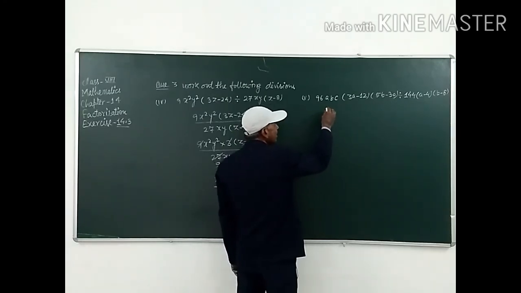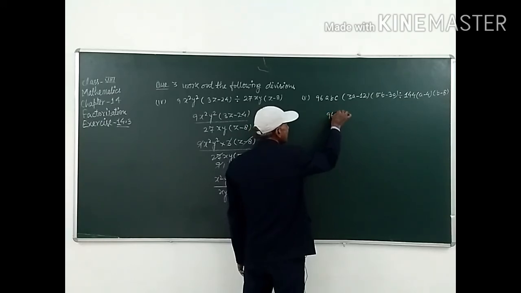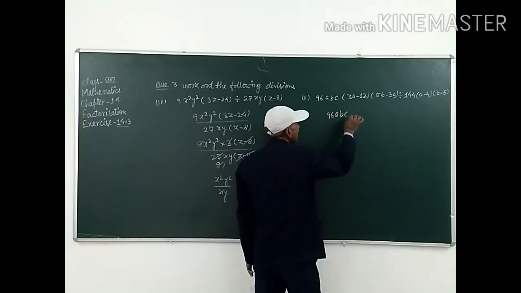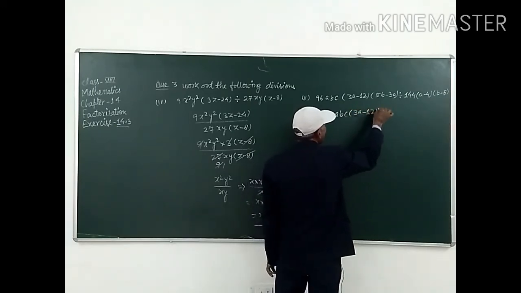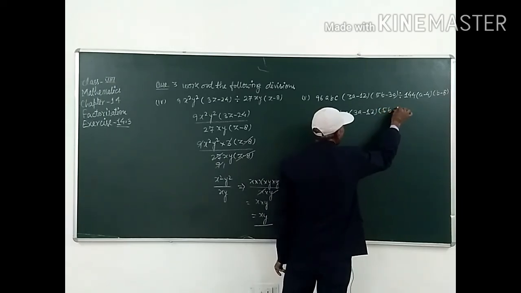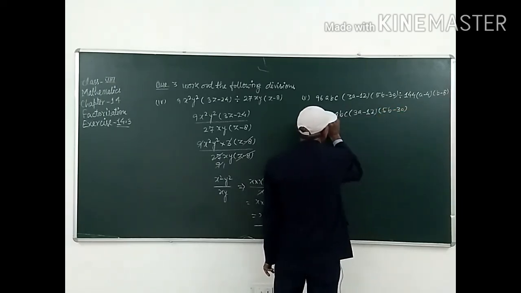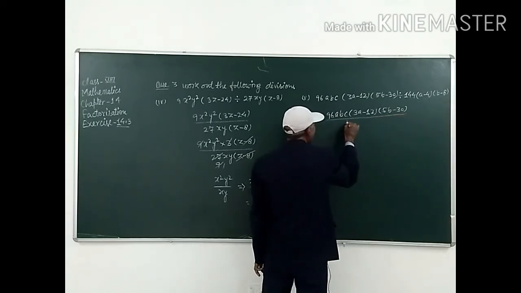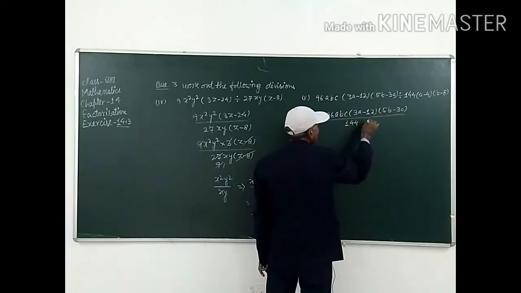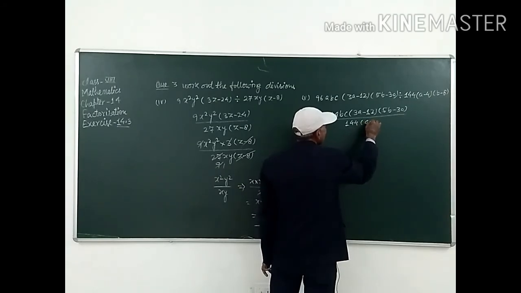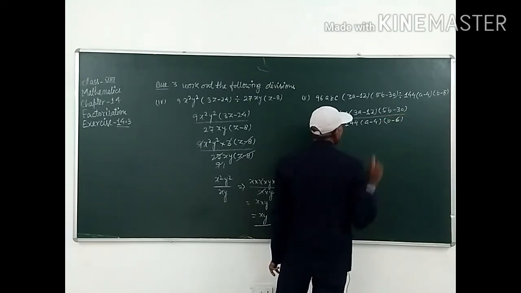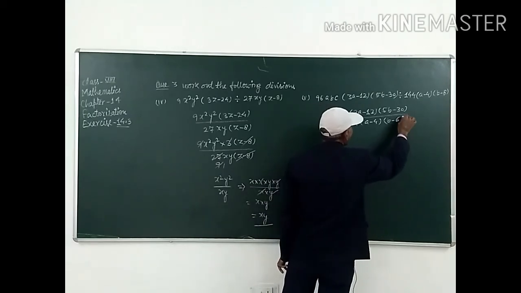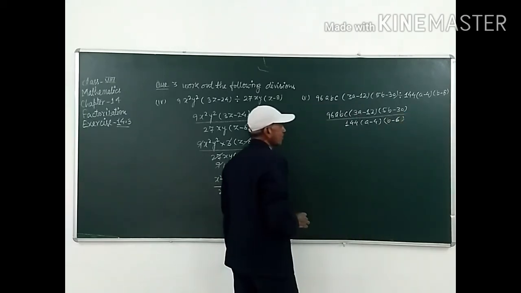So we have to write it like this: 96abc into 3a minus 12 into 5b minus 30 divided by 144, this one a minus 4 and b minus 6. This one will be b minus 6 here, student.